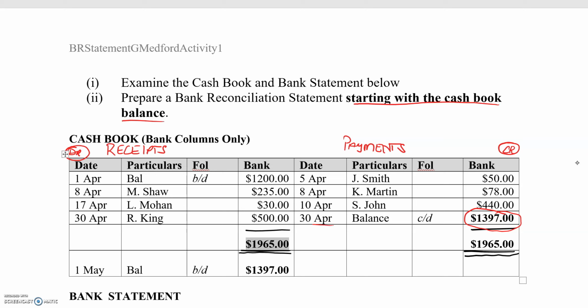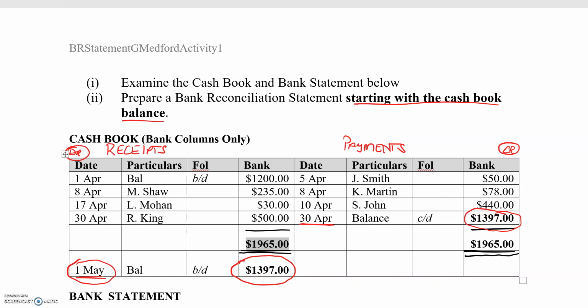Note that the balance carried down on April 30th becomes the balance brought down on May 1st. So this would be the balance for the next corresponding period. So the balance carried down or closing balance in April becomes the opening balance for the month of May.